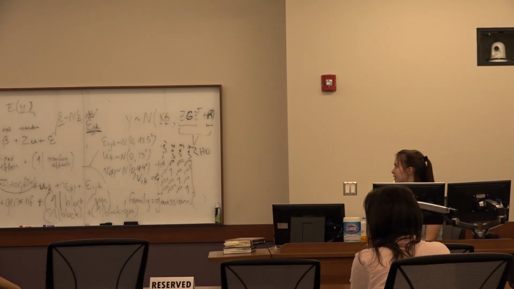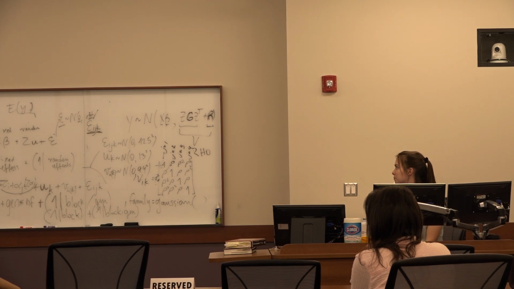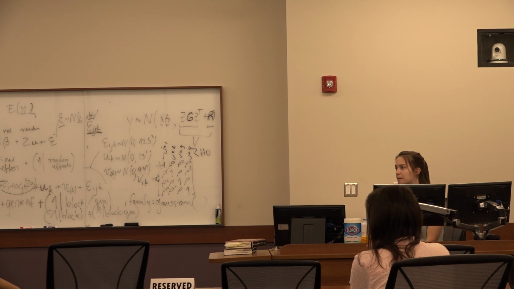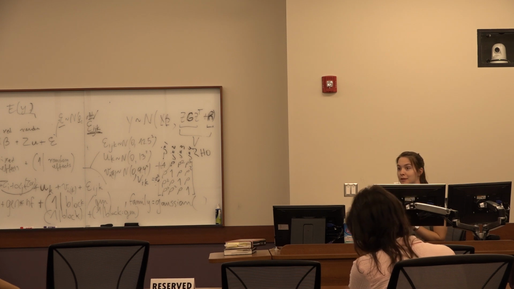But this all seems fine. No problems yet, right? Any questions? The next example is a repeated measures example. More fun. And the other one is a repeated measures with subsampling.